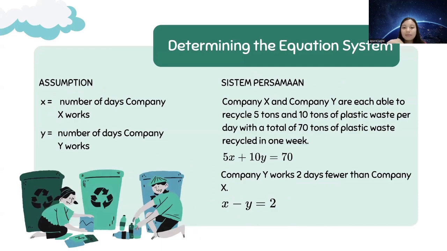Now let's determine the variables. We assume x is the number of days company X works, and y is the number of days company Y works. After determining the variables, we create the equations based on the information in the problem. The first equation is 5x plus 10y equals 70.